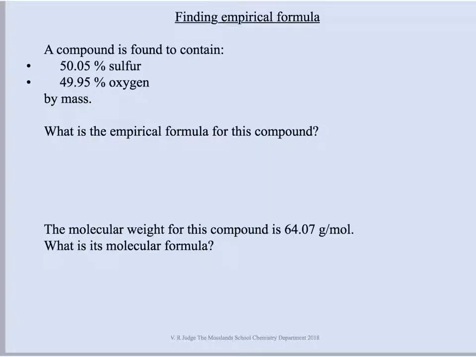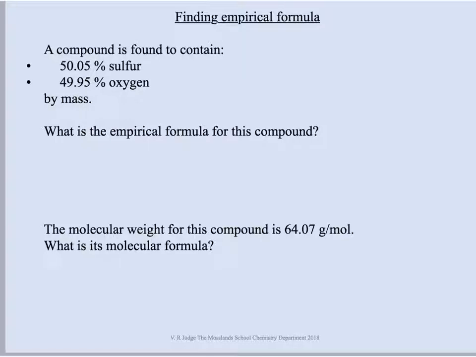Okay, so here we've got an unknown compound which is found to contain 50.05% sulfur and 49.95% oxygen by mass. So you should be able to use percent by mass to calculate empirical formula, and then to go on and calculate molecular formula if you're given molecular mass, which is what this question's asking you to do.